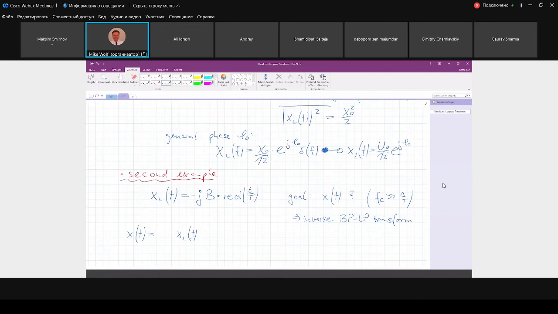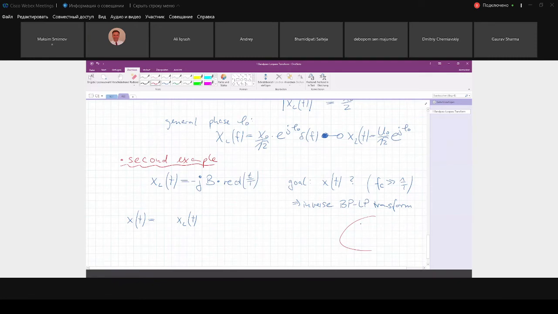What theorem is needed if I have a frequency shift, which corresponds in the time domain to this theorem? It's the shifting theorem. I just write it here, and then I delete this.